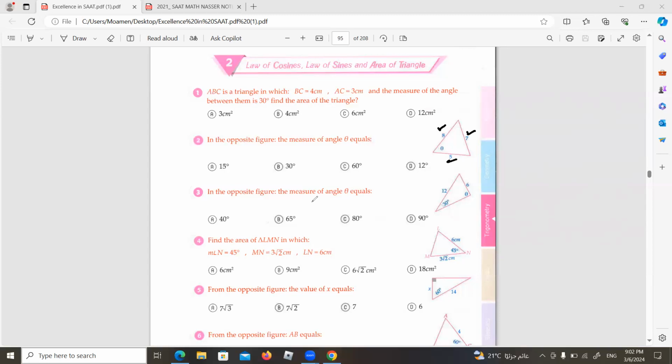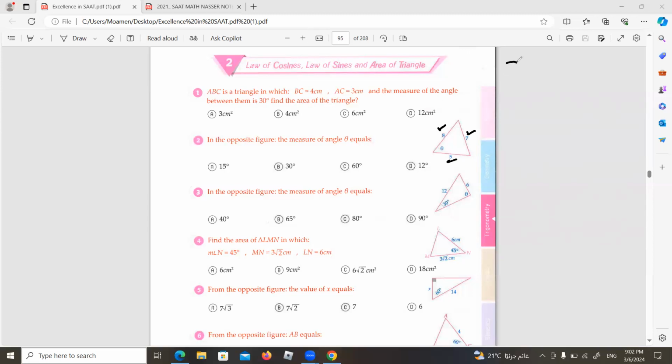Will I use the sine law or the cosine law? If you know the answer, just write it in the chat. Pay attention again.